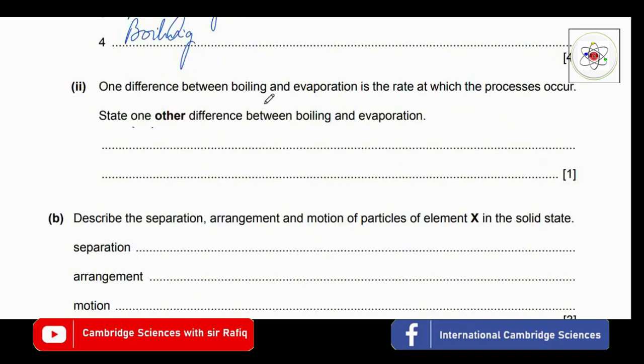A2, one difference between boiling and evaporation is the rate at which the processes occur, right? State one other difference between boiling and evaporation.